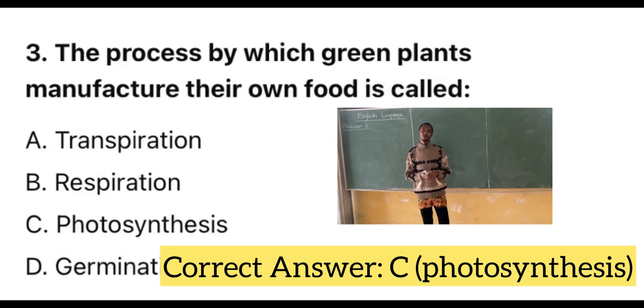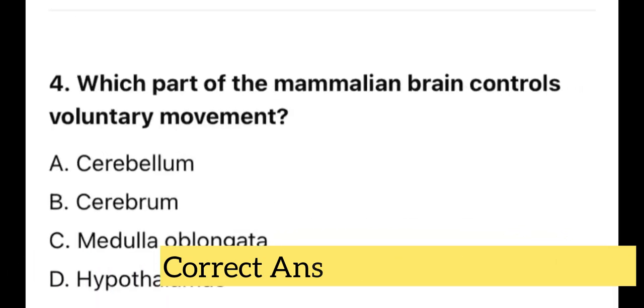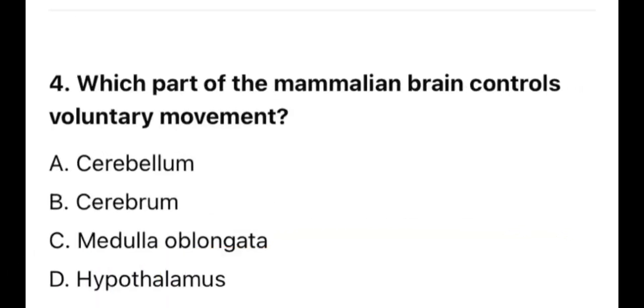We have question 4. Question 4 says, which part of the mammalian brain controls voluntary movements?